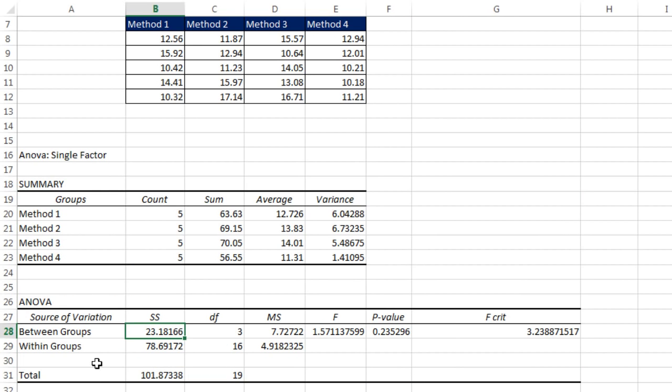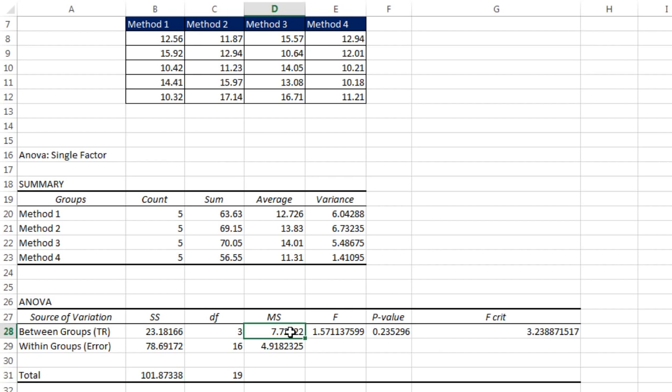Now in the Anova table in Excel, between means treatments. Between the treatments, and the within means the error within each of the individual treatments. And so there's our 23, there's our 78, there's our 101, right? There's the degrees of freedom, there's the total.